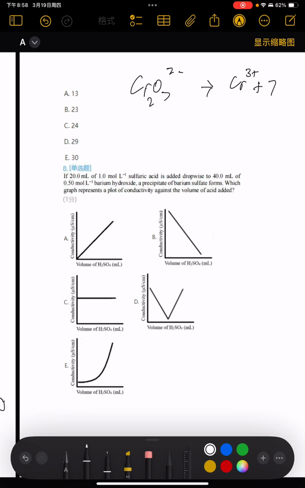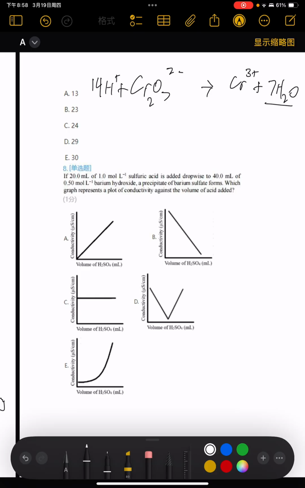So we have to add 7 H2O to compensate and balance it out. So after we got here, since this is 14 H, we also have to add 14 H plus over here. So this is all the elements that's inside.